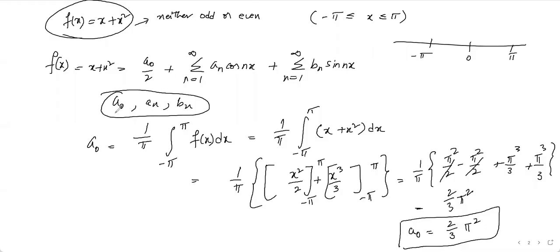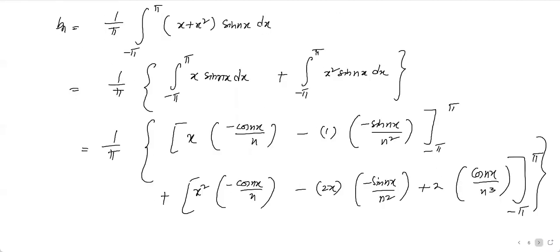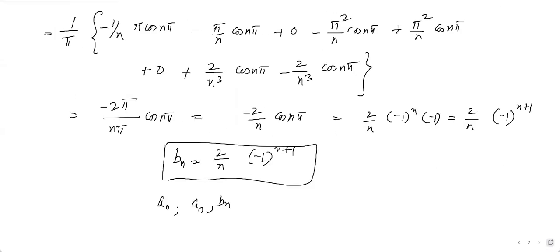Now we got a naught, an, and bn. Let us apply in this, and this. Okay. So that we can get the final result.